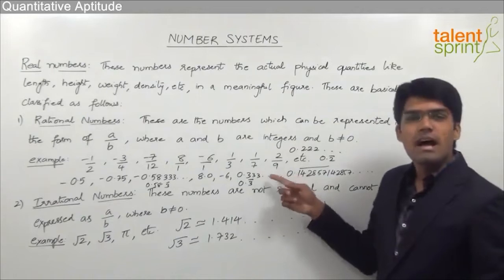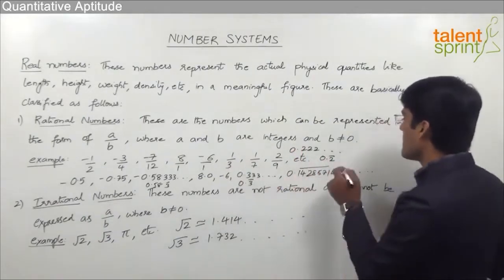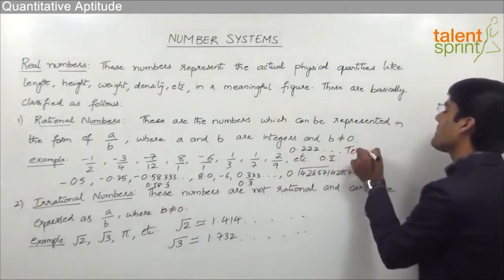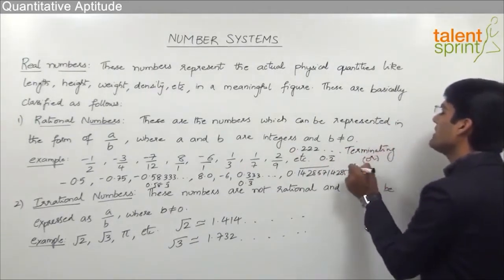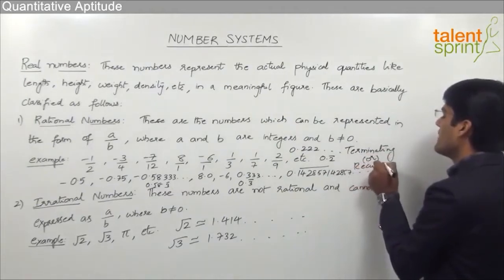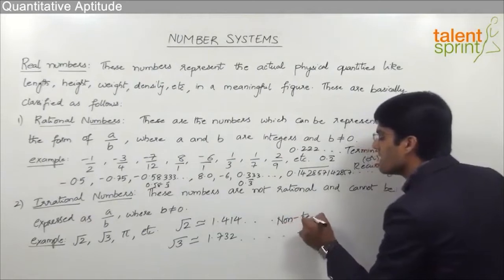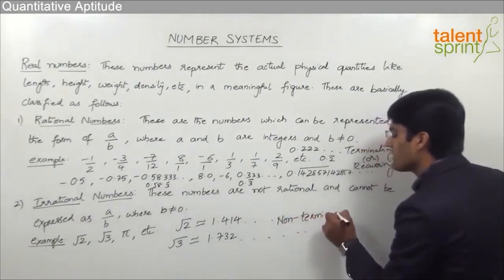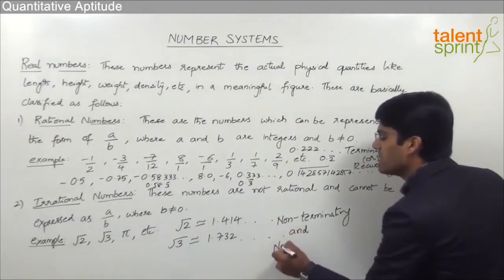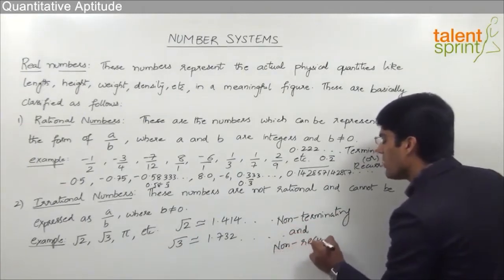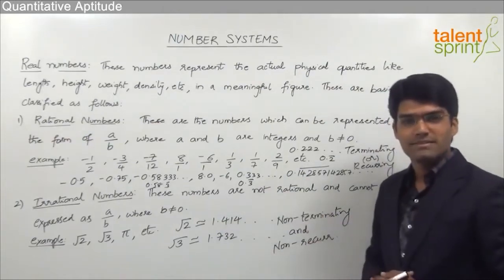Rational numbers are either terminating or recurring in nature, whereas irrational numbers are non-terminating and non-recurring. That means they neither terminate nor do they recur. So such numbers are referred to as irrational numbers.